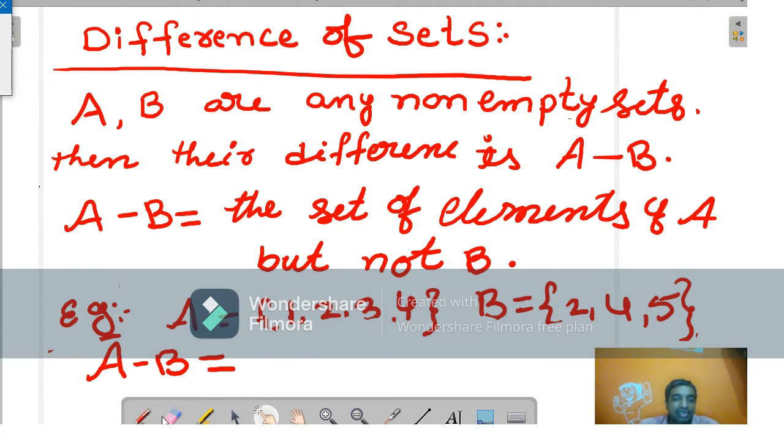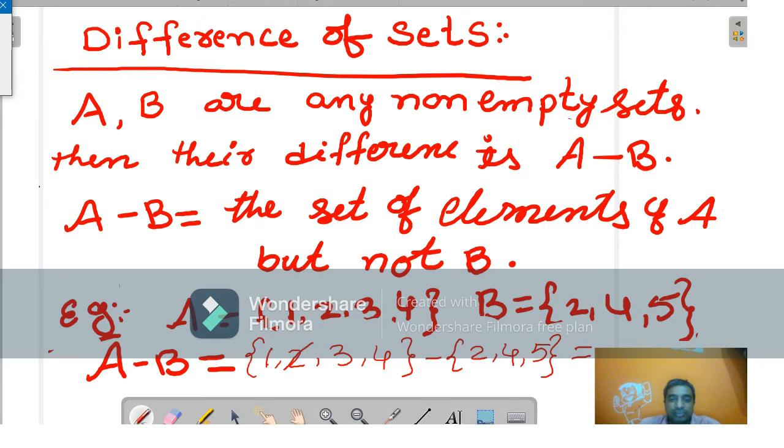Let us see this example. A is given as 1, 2, 3, 4 and B is given as 2, 4, 5. Then A minus B: write A elements 1, 2, 3, 4, and minus B elements 2, 4, 5. What happens?